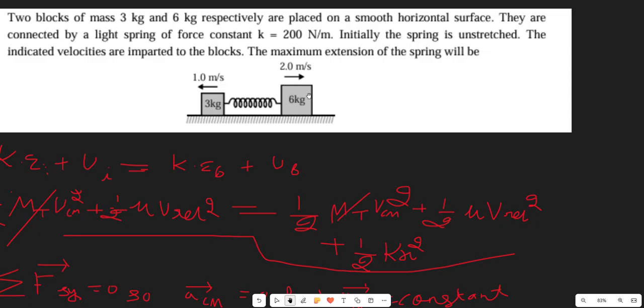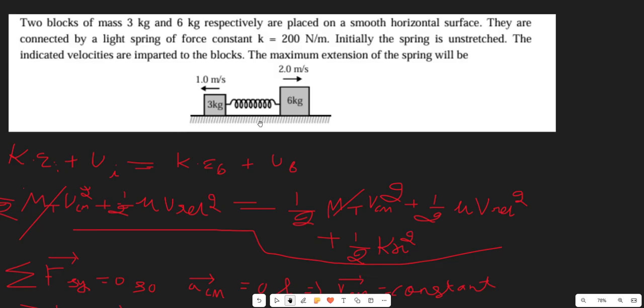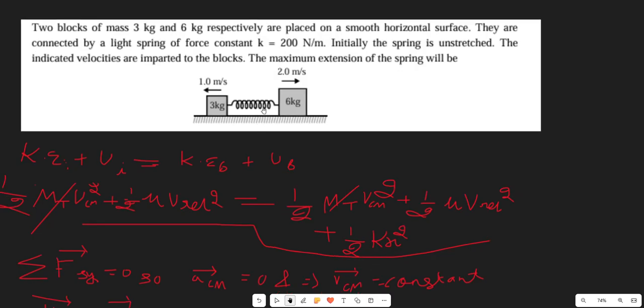So the velocity of this block will keep reducing until it attains the center of mass velocity, and this block's velocity will keep increasing until it acquires the center of mass velocity. Hence both blocks will acquire the center of mass velocity. Then only will the maximum extension be possible.